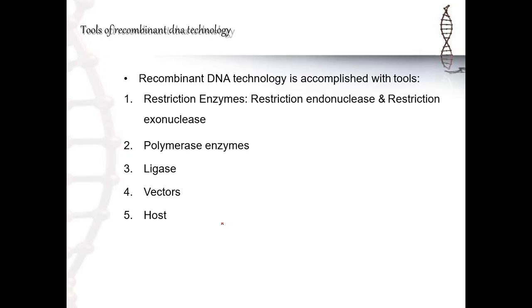Okay, what are the different tools in recombinant DNA technology? First, recombinant DNA technology is accomplished with tools. One of the tools is the restriction enzymes. From the word restriction enzyme, it is an enzyme that will cut a certain portion of the DNA strand and obtain the desired genes out of that DNA strand.